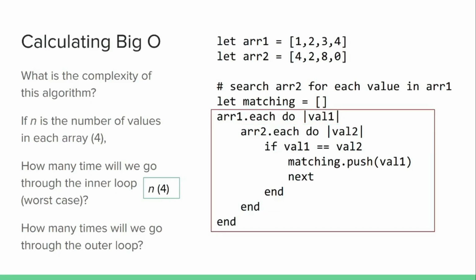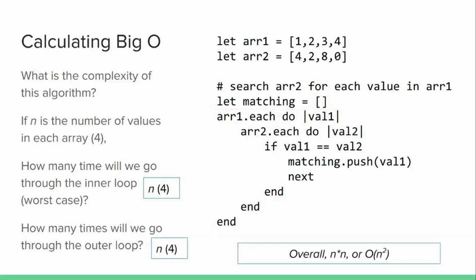Once again, array 1 has 4 values, so we'll go through it 4 times. We multiply those two values, 4 times 4, and we get 16. N times n, and we get n squared. So we can see that the complexity of this algorithm is O(n squared), or quadratic.